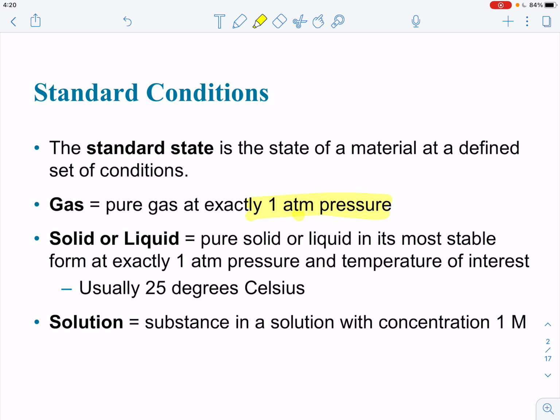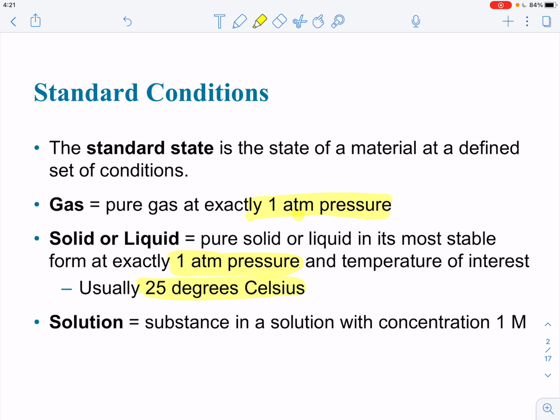We are here also at 1 atmosphere of pressure, so that's standard for every single substance that you're going to use. But in this case, in particular for solids and liquids, you also define a temperature. For a gas, you can also define a temperature, but usually for practical purposes, that standard temperature is going to be 25 degrees.